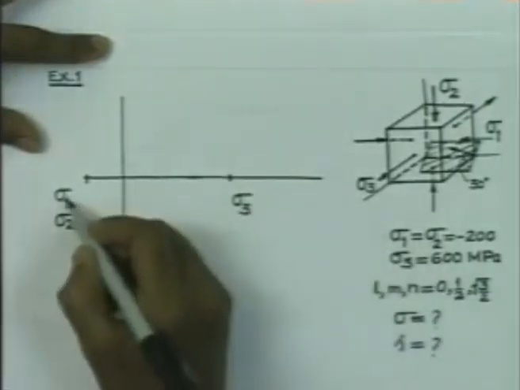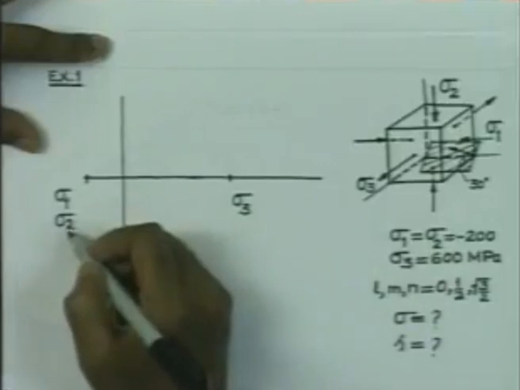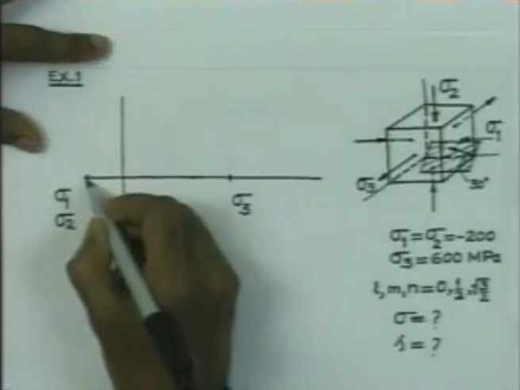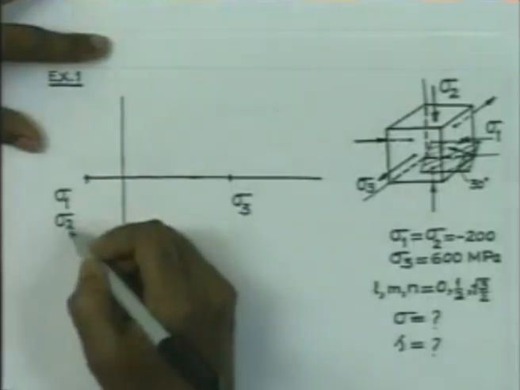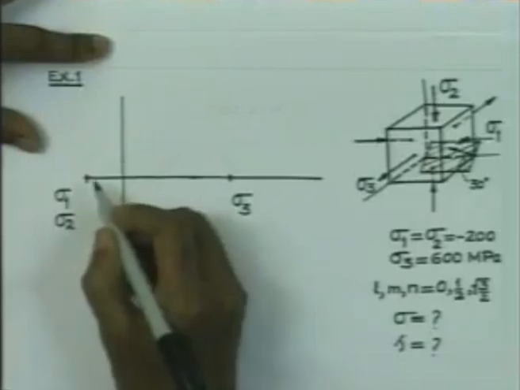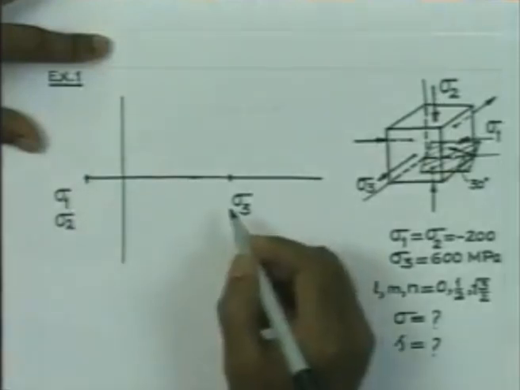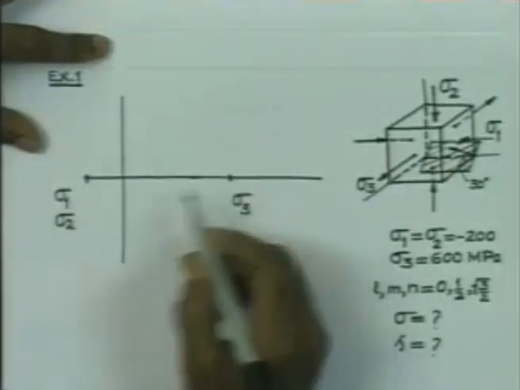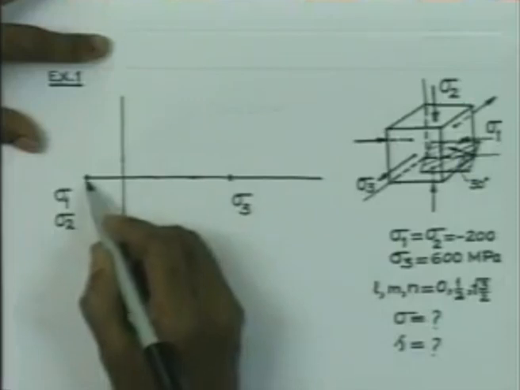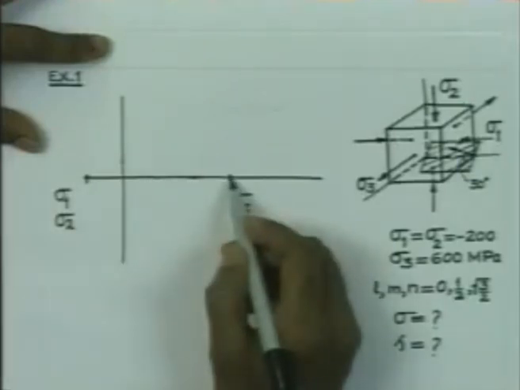Now, since sigma 1 and sigma 2 have the same value, the Mohr circle which is to be drawn with radius sigma 1 minus sigma 2 by 2 has become a point. Now, we have to draw a circle with radius sigma 1 minus sigma 3 by 2.